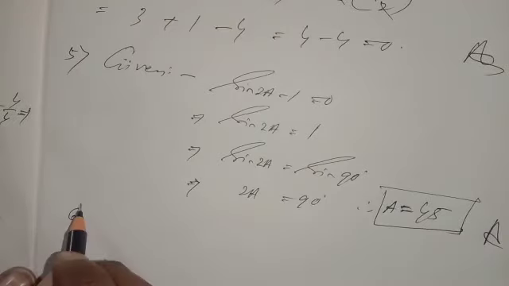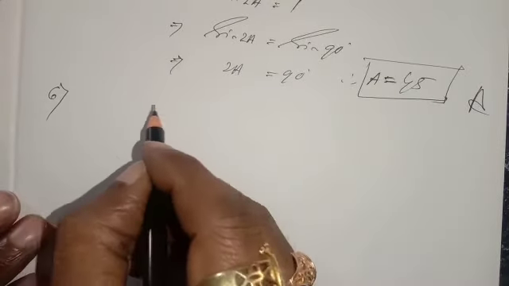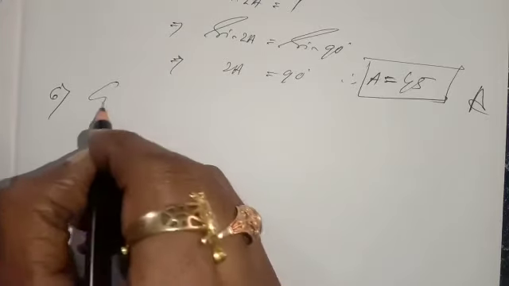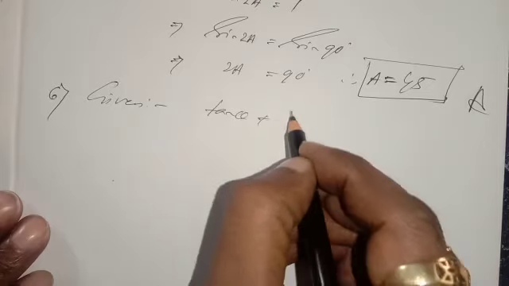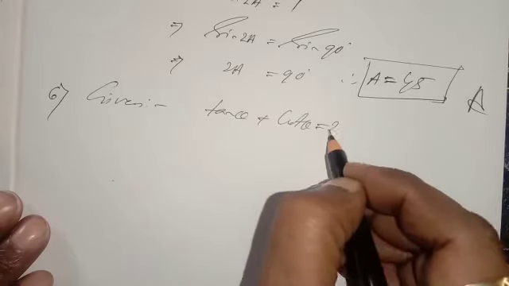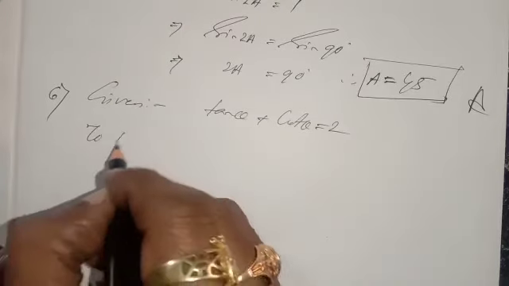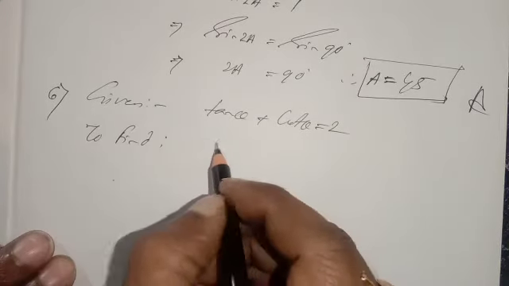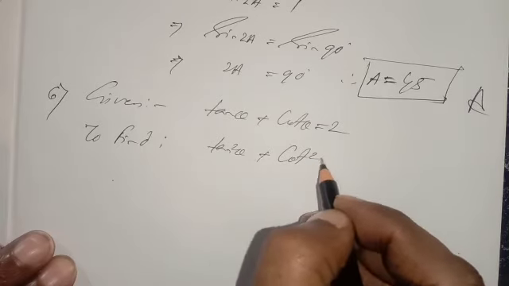Last question I am doing, that is question number 6. See what is given in question number 6. It is given tan theta plus cos theta equal to 2. And you have to find the value of tan square theta plus cos square theta.